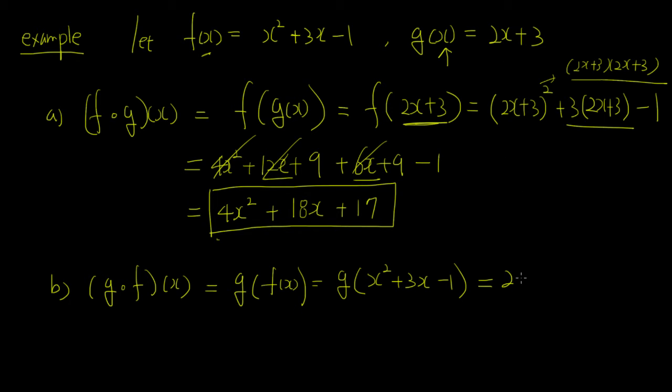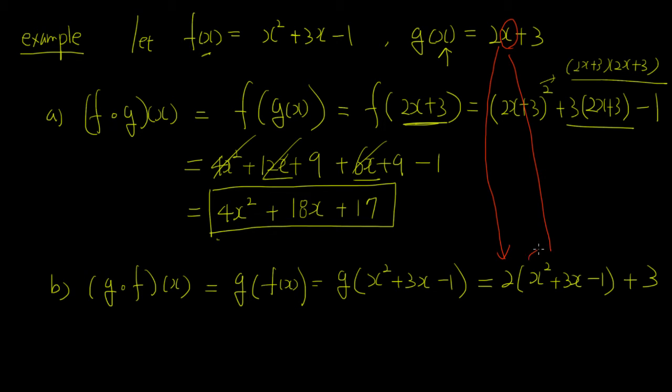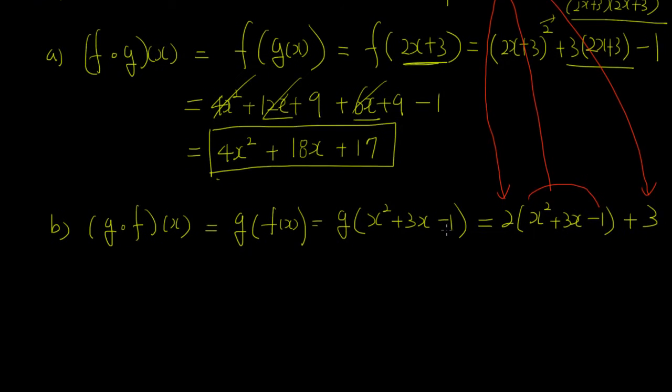So it'll be 2 times, not just x, but this whole thing, x squared plus 3x minus 1, plus 3. Right? So if I make connections, this 2 is this 2. This x, what used to be x, is this. And this plus 3 is this plus 3. Right? Okay.